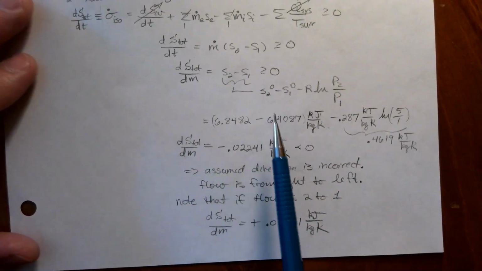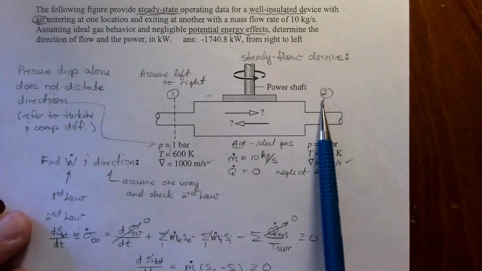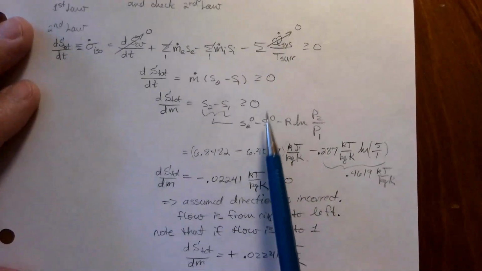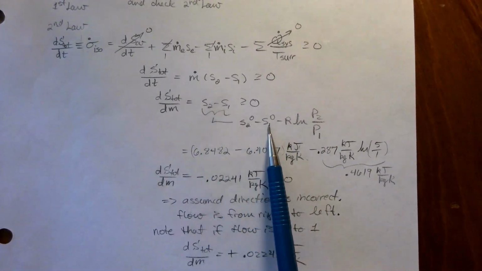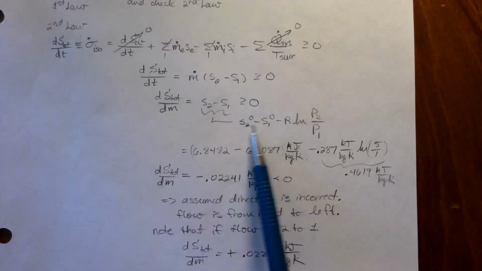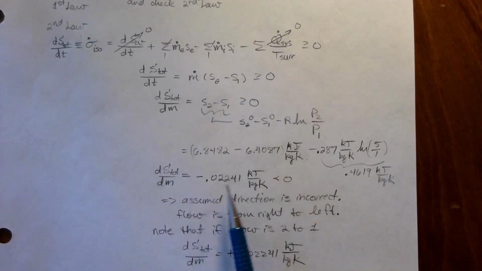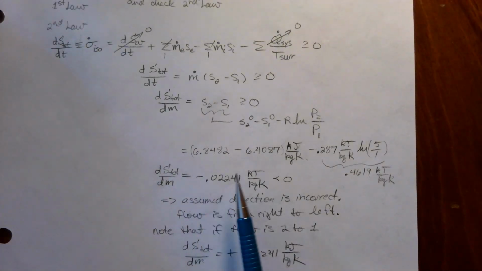And so what we could do is now repeat the analysis, assuming the flow goes from 2 to 1, in which case we would end up with this, only we'll reverse the pressure and the temperature and reverse these two. What you'll end up with is the same exact number, except it's going to be positive. So no need to go through and do all that work.